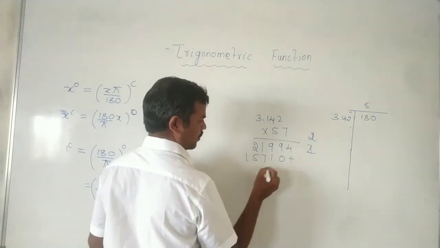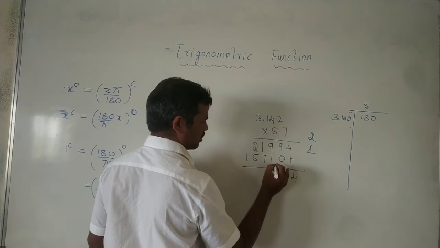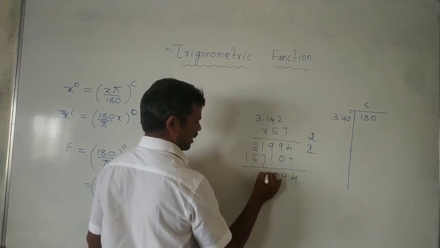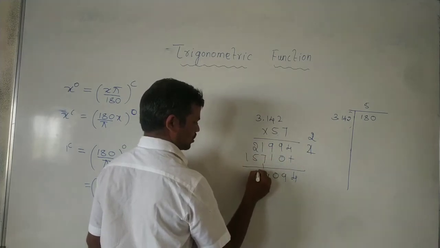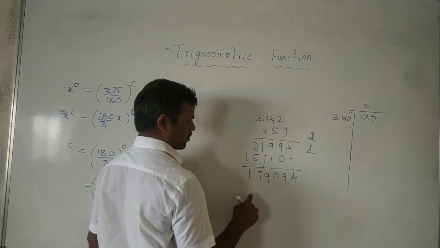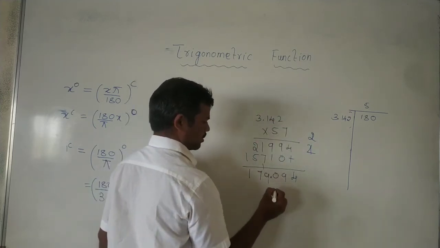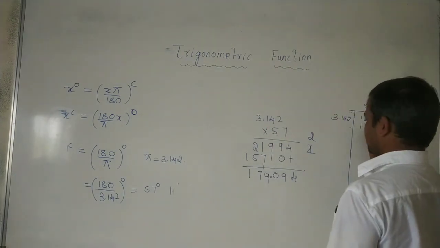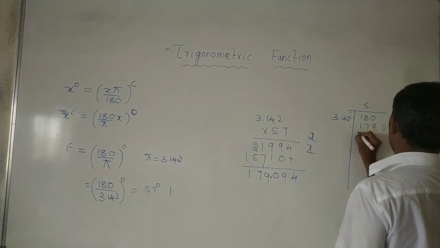So 15, we'll take directly 57 into 57. 3.142 into 57: multiply by 7. 7 2s are 14, 4 carry 1; 7 4s are 28, 29; 7 1s are 7 plus 2 is 9; 7 3s are 21. Leave that decimal, plus the 5 multiplication. So what we got here after 3 points is 179.094.